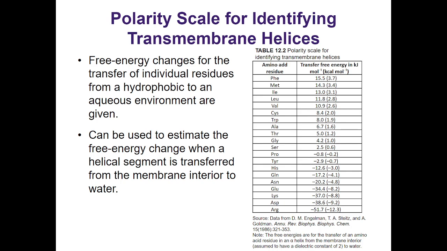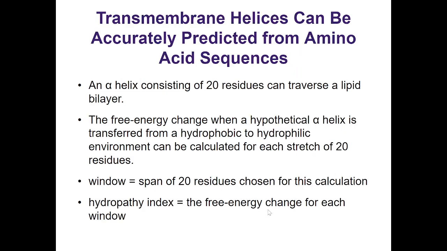Does that make sense? Okay. The window is a span of 20 residues chosen for this calculation. You can actually shift your window down your different proteins to see if there's any portions that would anchor themselves into a cell membrane or similar structure. Hydropathy index, this is the free energy change for each window.